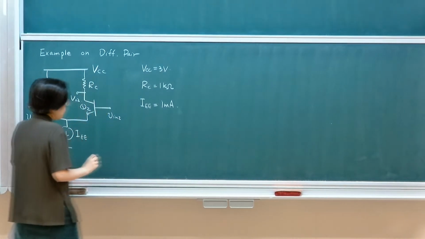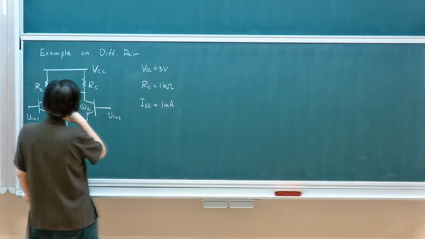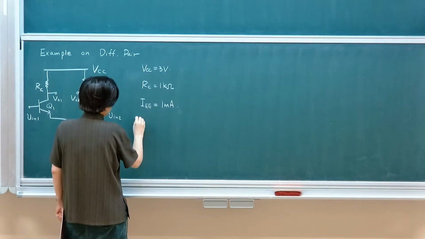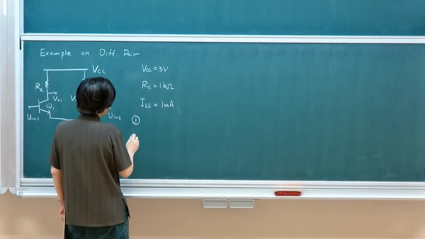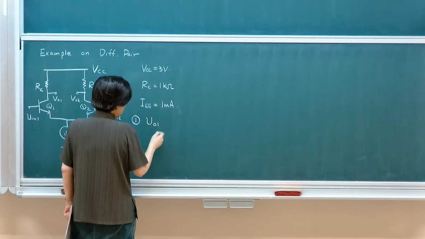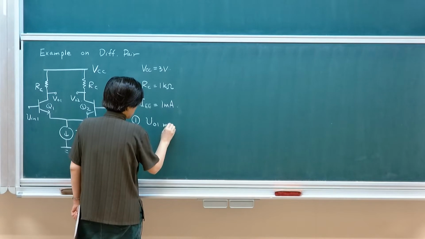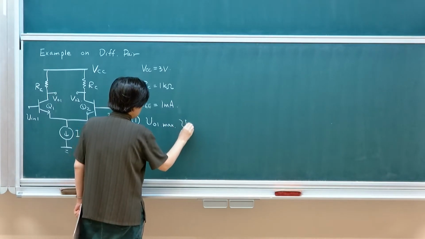I will then ask you to find a few things. These are the key parameters. One of the key important things is to find your VO operation range, which is VO max and VO minimum.